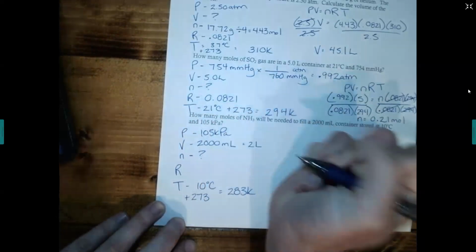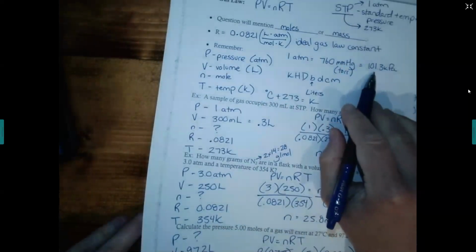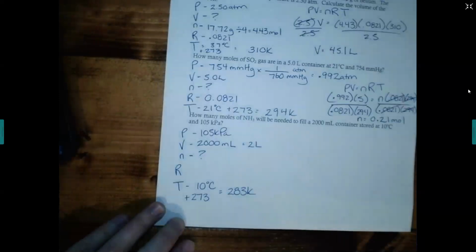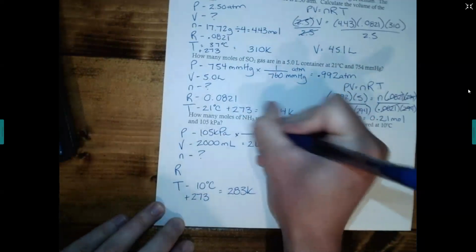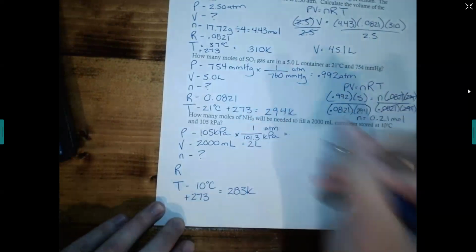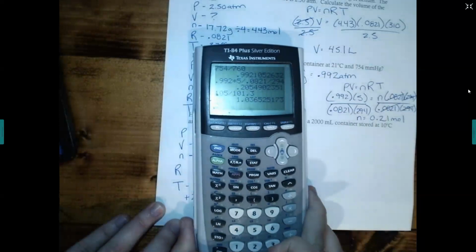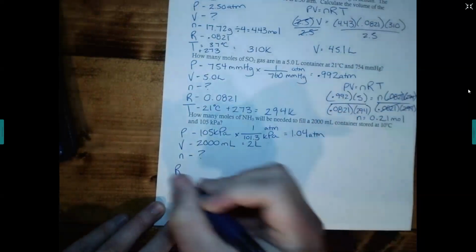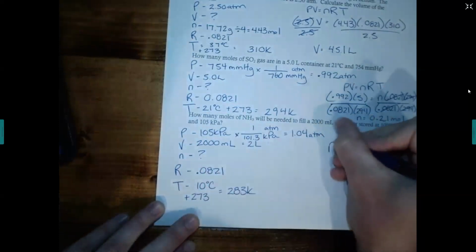Now, this is the first kPa problem we've had. If you look back to the front of your note sheet, you'll notice that kPa is 101.3. That's how much is equal to 1 atmosphere. So just like we did with millimeters of mercury, we're still dividing. We're just dividing by a different number this time. We're dividing by 101.3. 105 divided by 101.3 gives me 1.04 atmospheres. And then 0.0821 for our ideal gas law constant.